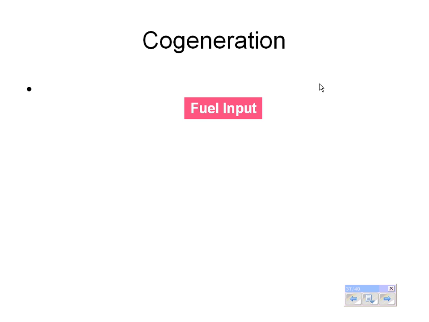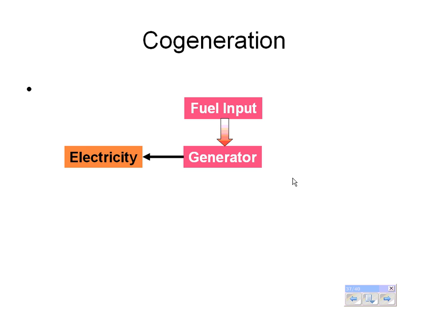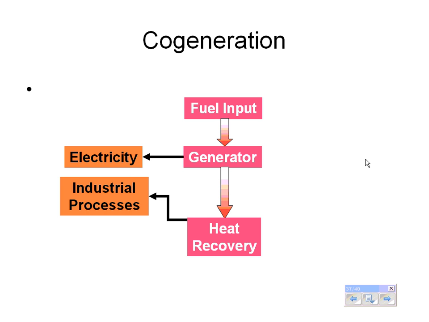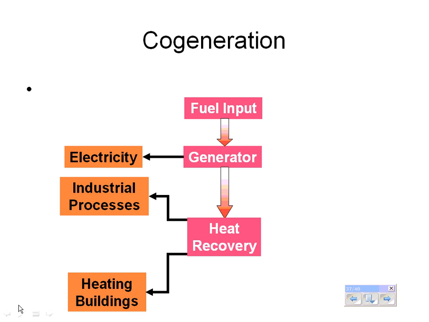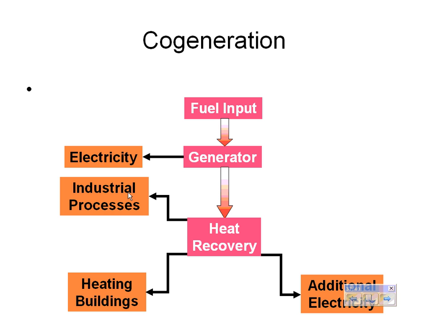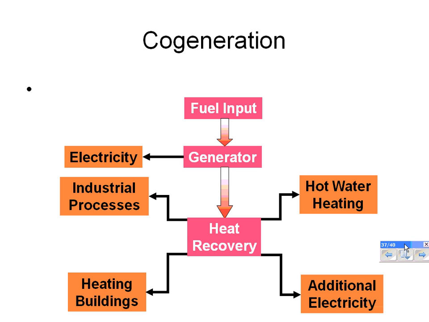It's going to produce electricity, but the waste heat will be used for either industrial processes, to heat buildings, additional electricity, or hot water heating. So cogeneration is using one fuel for multiple uses. The waste heat is recovered and used. And it makes sense. Why would we not do that?